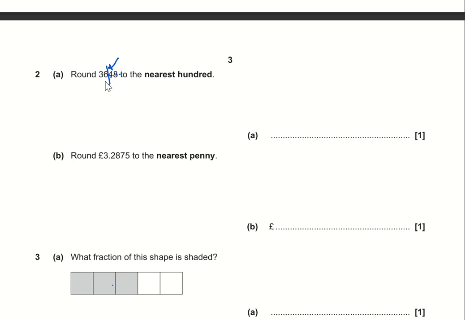If our decider is 5 or more, we add one to the previous number. If it is 4 or less, we don't add anything, we just keep it as it is. My decider is 4, so we don't add anything. So the number is 3,600.